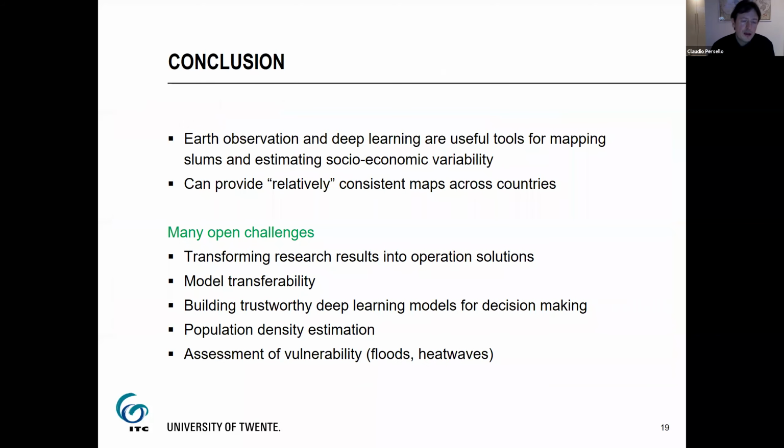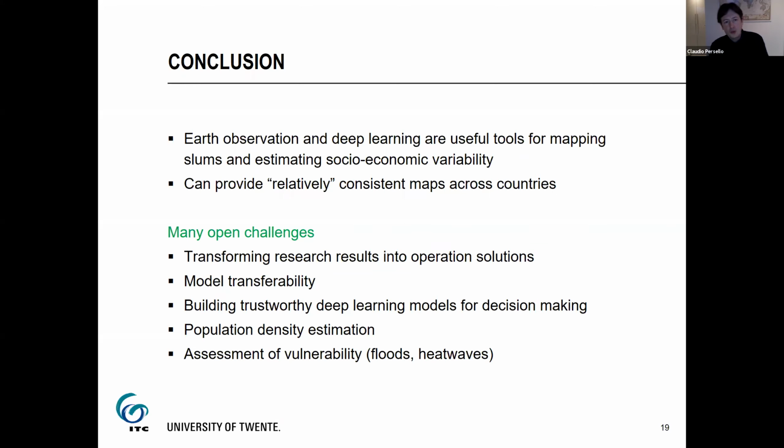Okay, with this I would like to draw some final thoughts based on the different research activity carried out here in ITC.